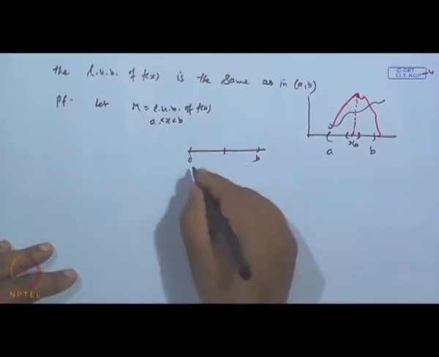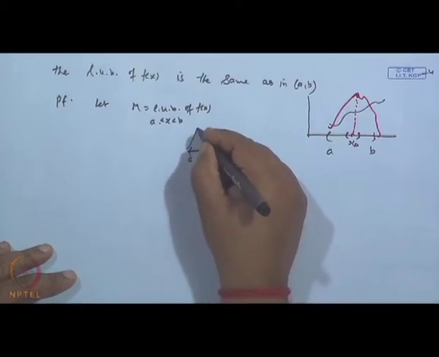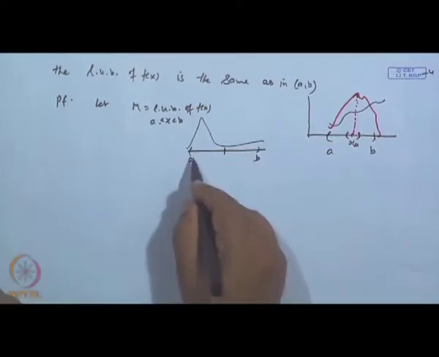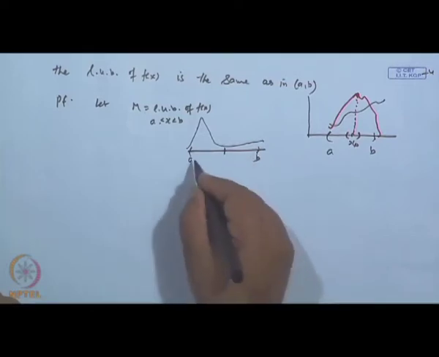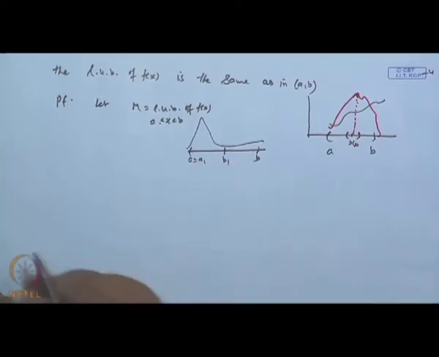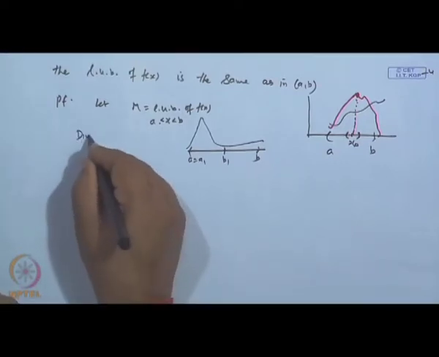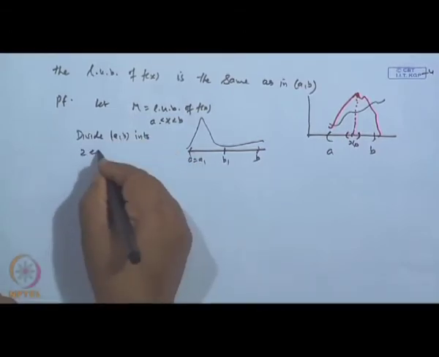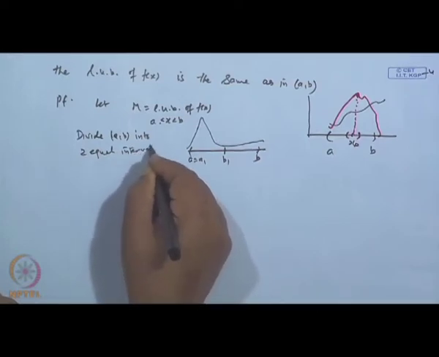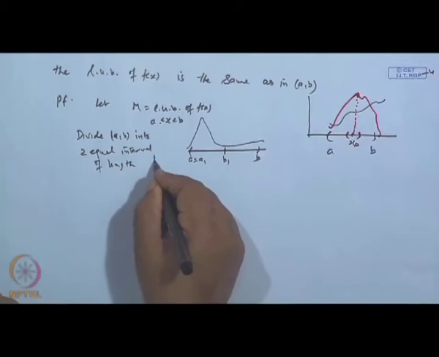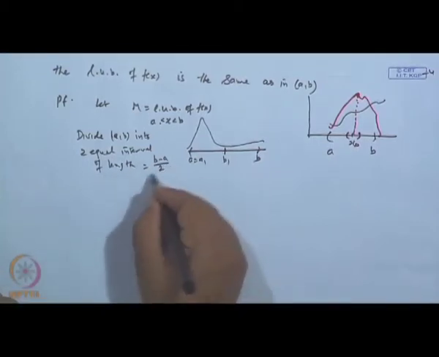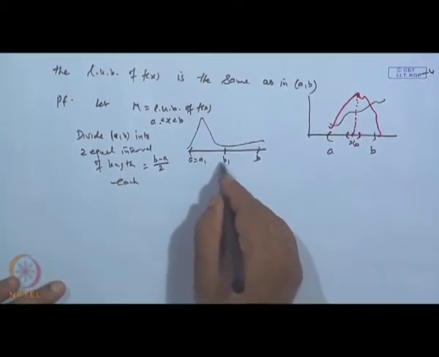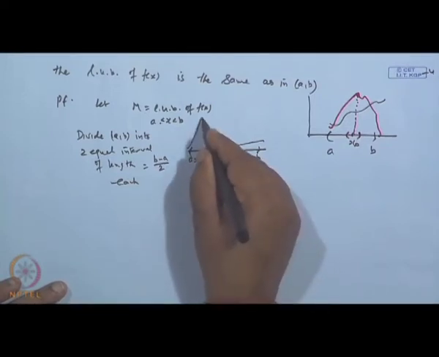Suppose we have this curve. So, we divide this into two equal intervals of length (b minus a) by 2 each, and then pick up the interval in which the least upper bound is there.